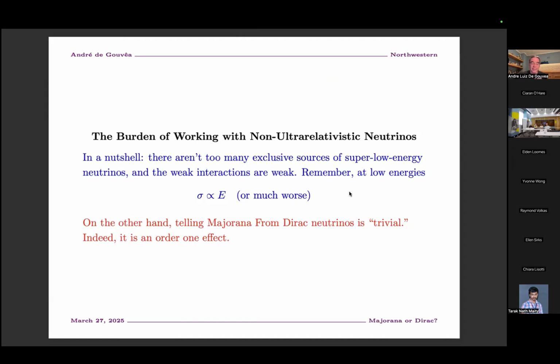And it turns out that this is a really big problem. I don't want to oversell the solution, but from a more academic point of view, I do want to try to convince you that if we could measure these very low energy neutrinos, distinguishing whether they're Majorana or Dirac would be completely trivial. That would not be the problem at all. Okay, so that's what I want to try to talk about, and I'll give you some examples.